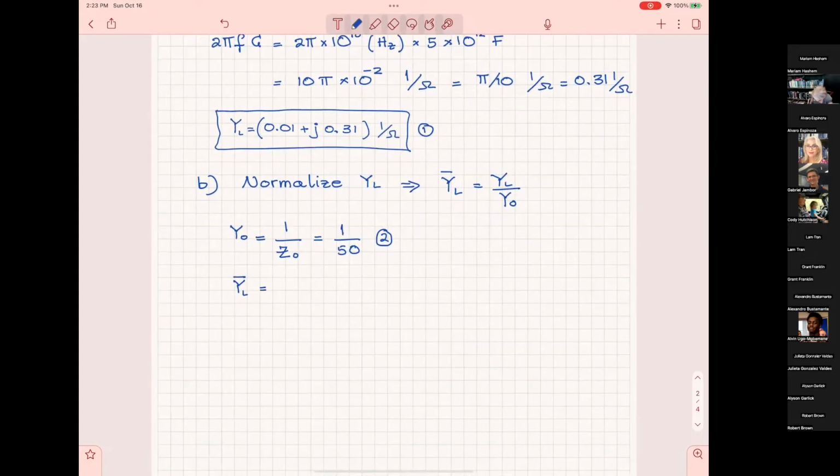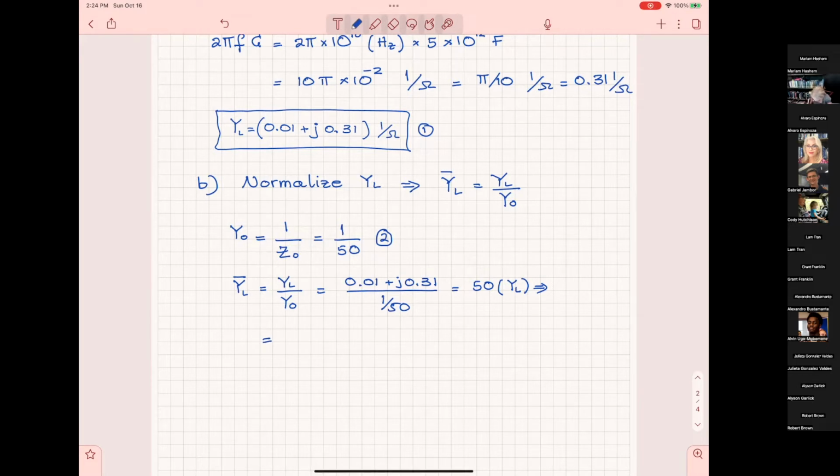since I have to find normalized YL, which is YL divided by Y naught, practically I will have to take 0.01 plus j 0.31 and divide it by 1 over 50, which is nothing else but multiplying the original YL by 50. So I'm not going to inverse 50, I'm not going to find 1 over 50, because then it's going to make it easier for me.